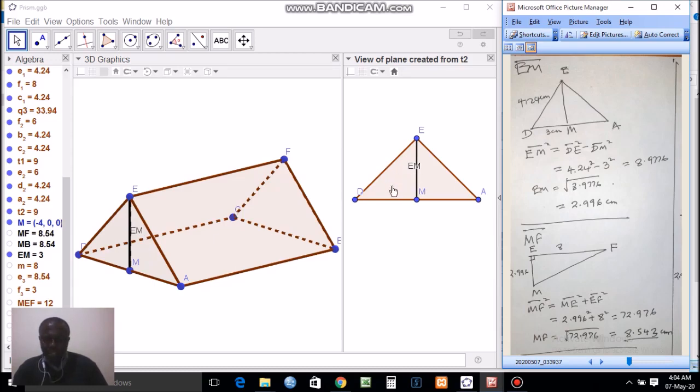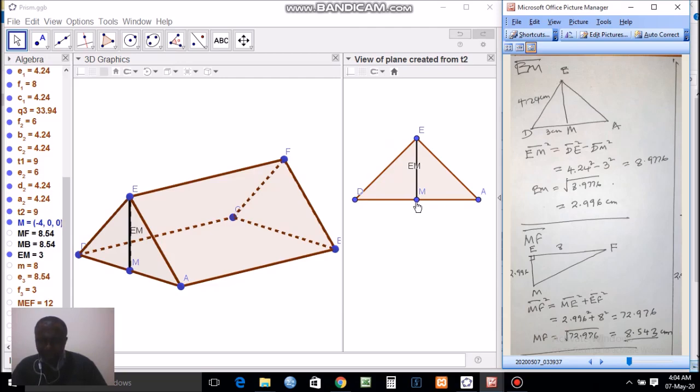And here it is. And remember, we said that triangle AED or DEA is an isosceles triangle where DE equals EA, and that DA is 6 centimeters and DE is 4.24.